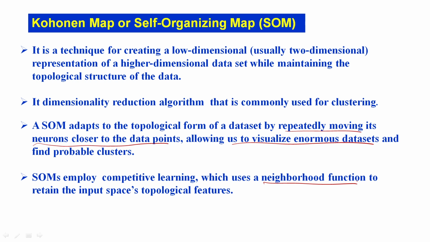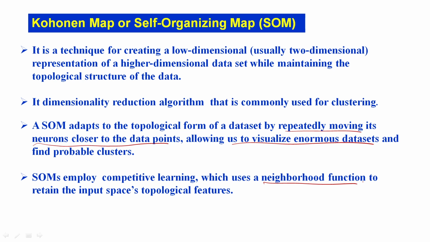So, few things. It starts with a grid of neurons first of all, and then each of these neurons represents a particular area of the data sets. Okay, you have used a grid of neurons, each of these neurons will take a particular area of the data sets, that is what is done. Now, after that what is done? The process of competitive learning happens. What is that?